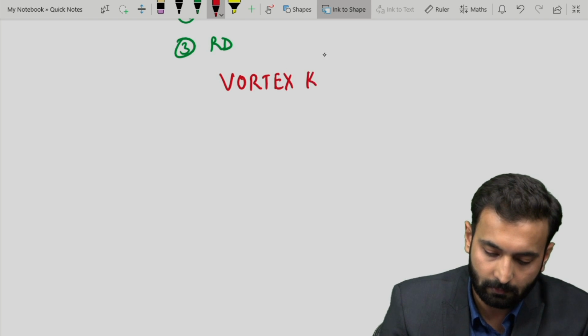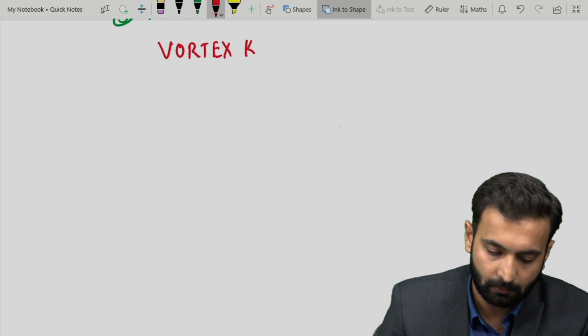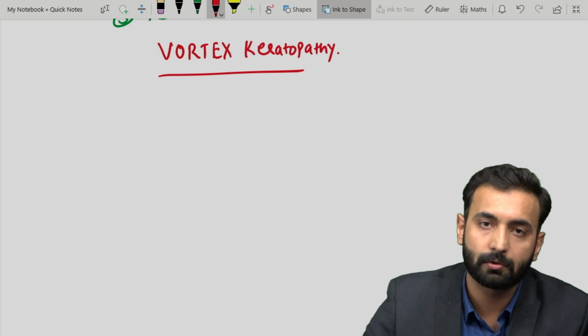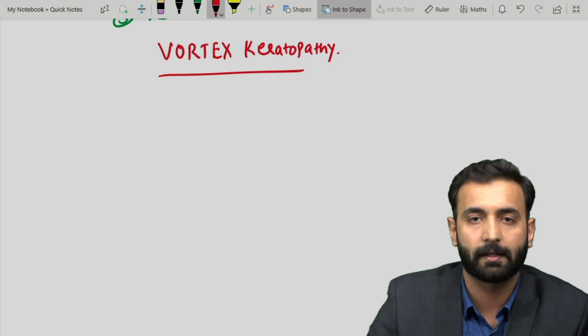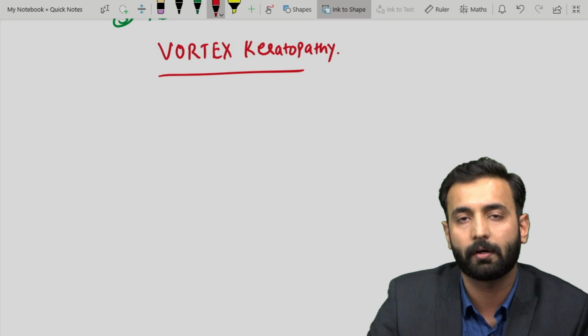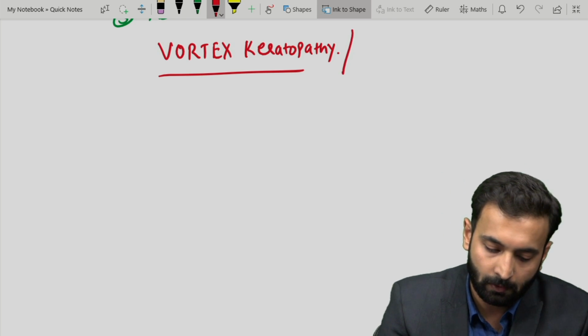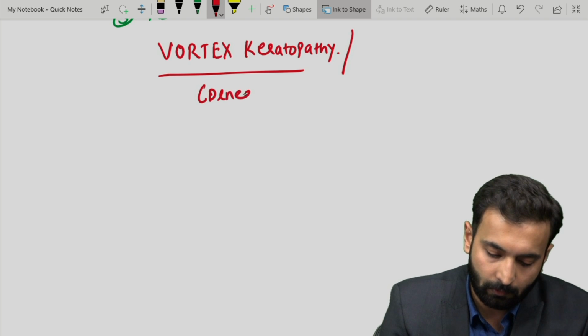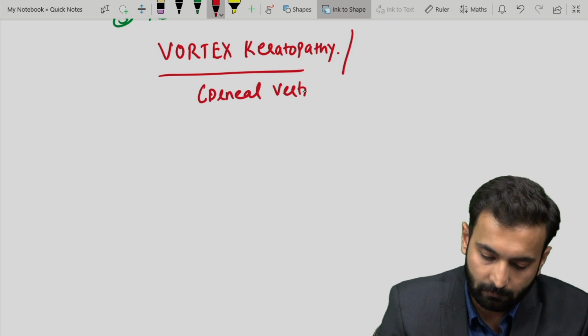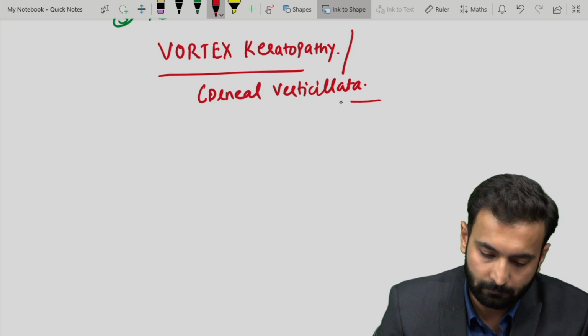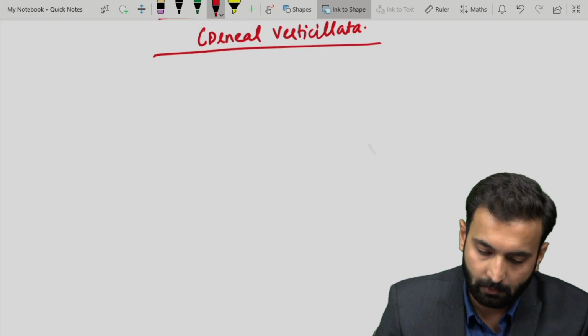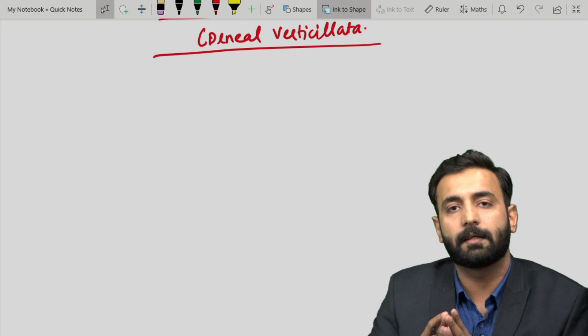Vortex keratopathy is also known as corneal verticillata, right.